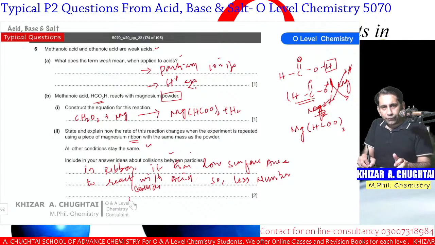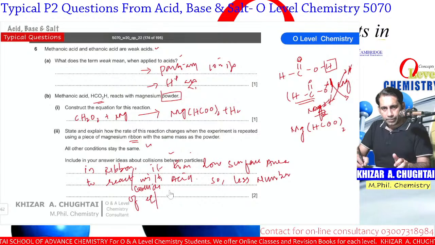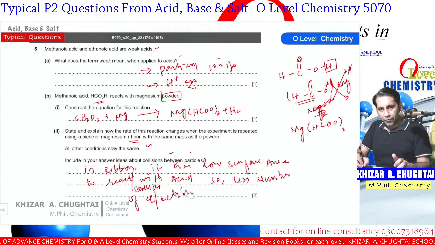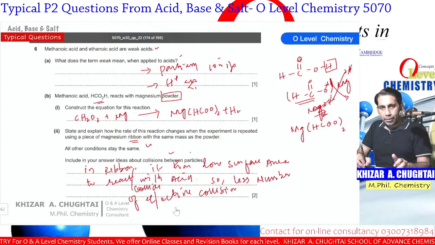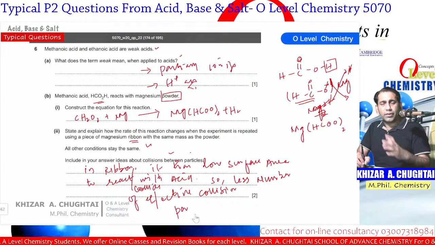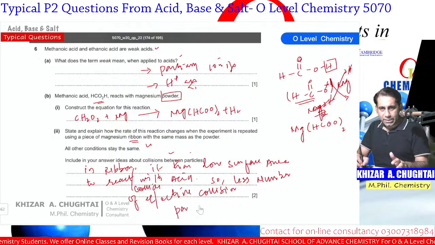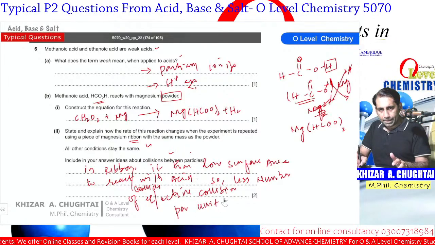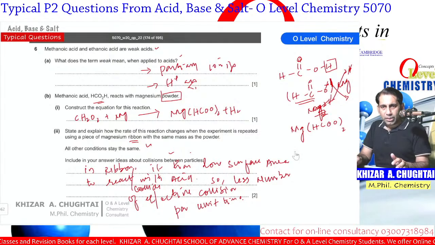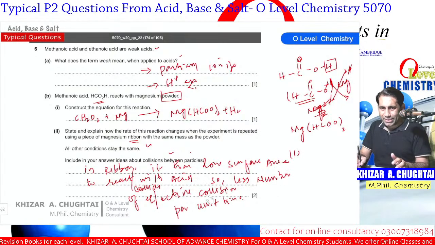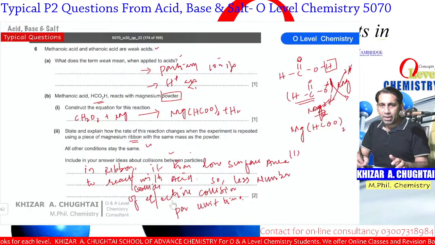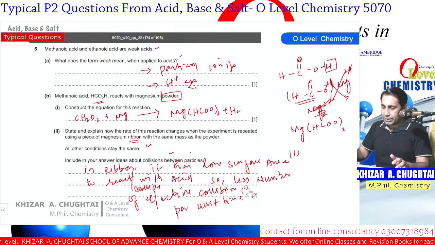Less number of effective collisions per unit time, or the frequency of effective collisions will be less. That is a typical one. Number 1, low surface area, that's 1 mark. And the second one is less number of effective collisions, that is for the second mark.